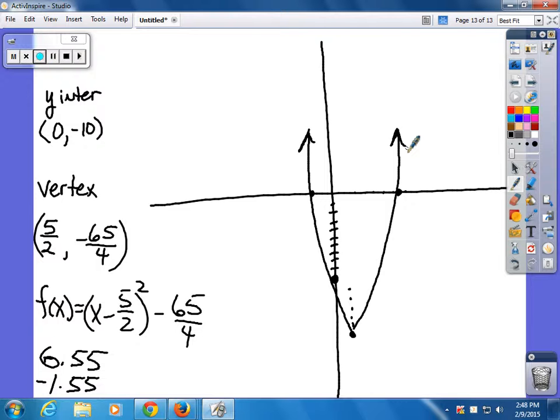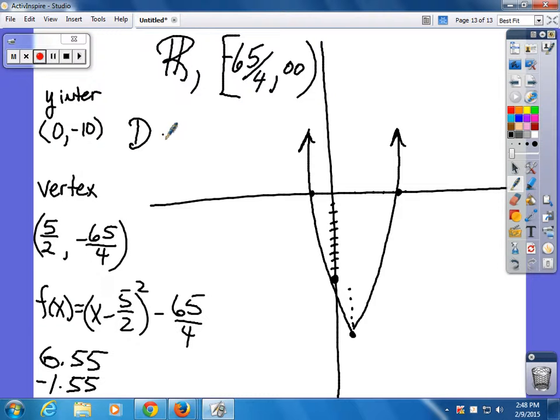Of course, what's your domain? Oh, real numbers, Hubert. That's right. What's your range? Negative 65 fourths to what? 65 fourths to positive infinity. That's your range.